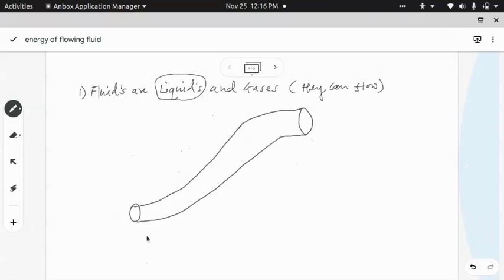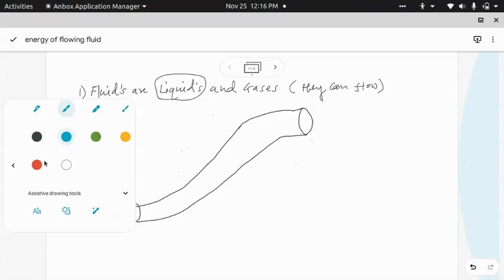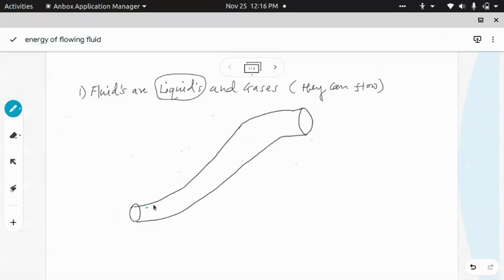The tube does not have the same diameter at all positions, with different diameters. I will show this liquid in another color, blue. The liquid is flowing through this tube.